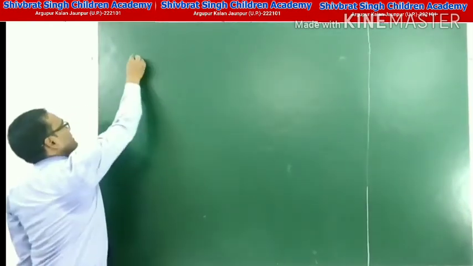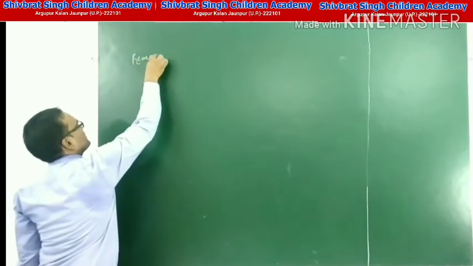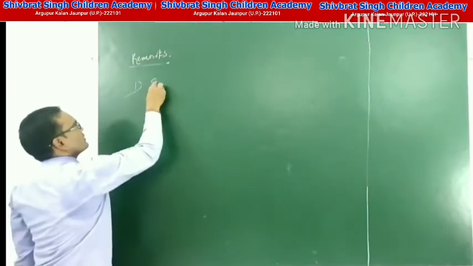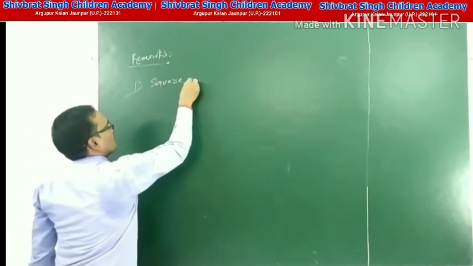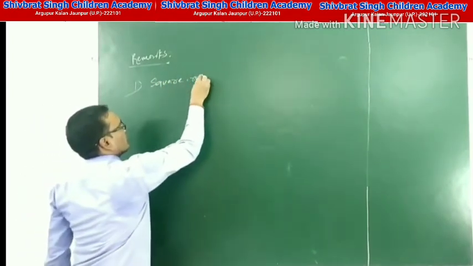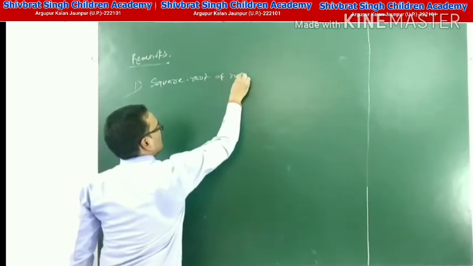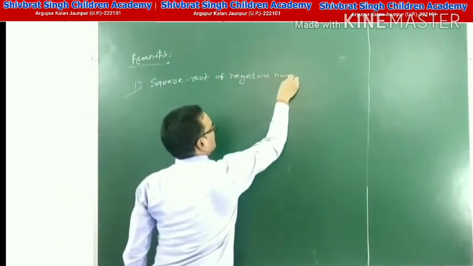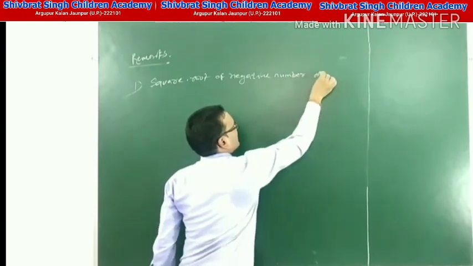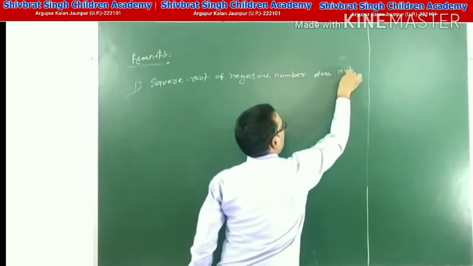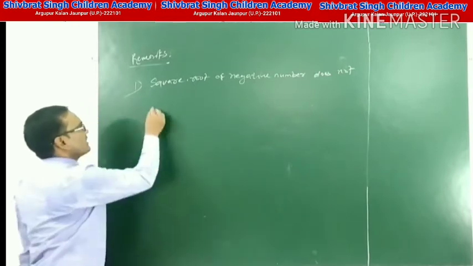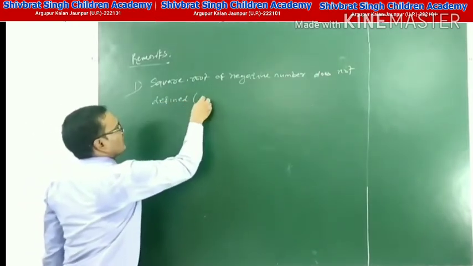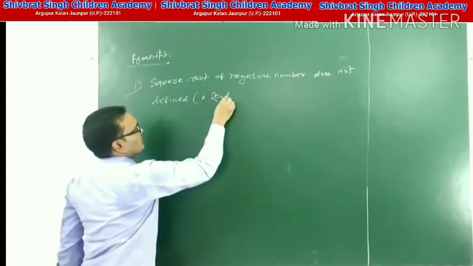Some important points related to the geometric mean. Remark. First, the square root of negative numbers is not defined in real numbers.